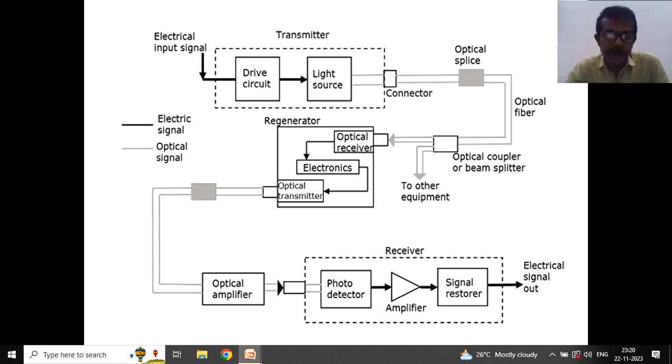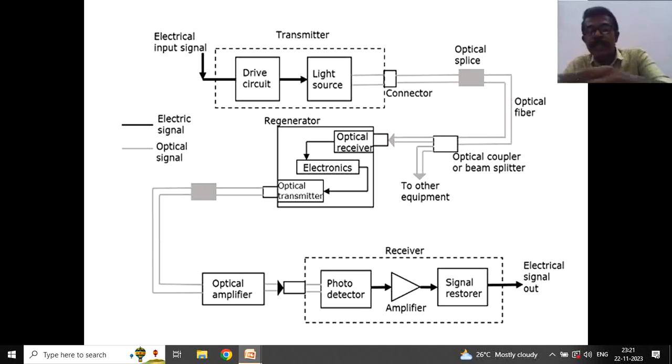After amplification, once again you needed to convert the electrical signal into an optical signal. But the optical amplifier, without conversion, does the amplification directly. That means an optical amplifier will amplify the optical signal.